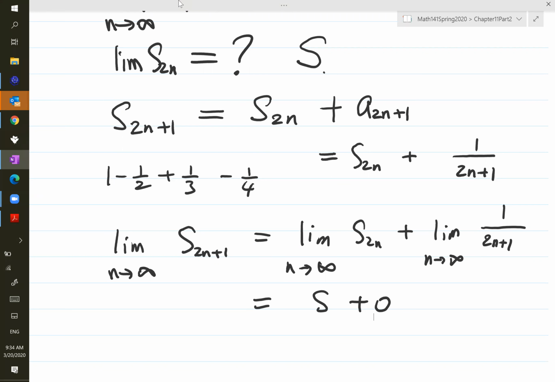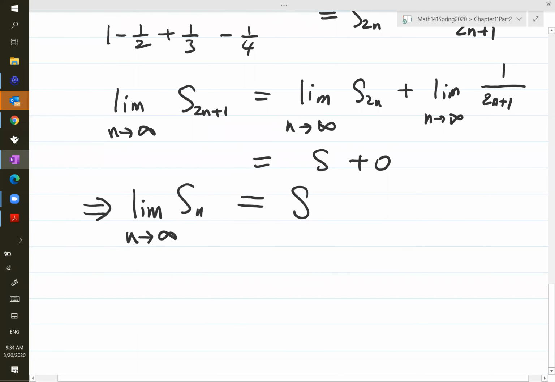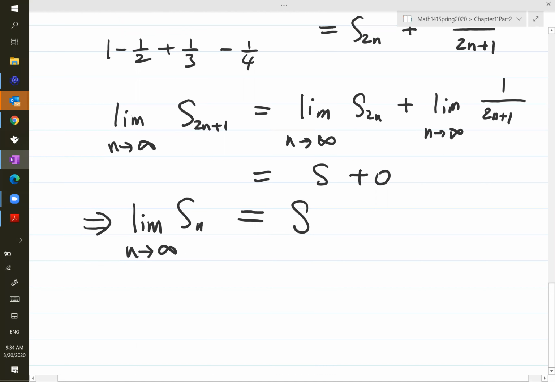So we know the limit of the partial sum, even or odd, converges to s. What this number s is, we will answer in a moment.